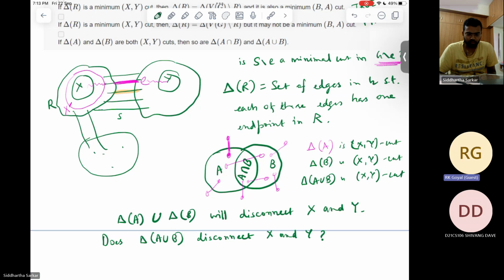But why will they differ, by the way? Consider this edge. It is in delta A as well as delta B. It is going outside of A, and from B's direction, it is going outside of B. But it is not going outside of A union B. Is it right? Yes, right.